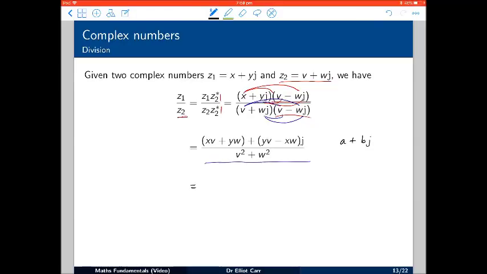And this is in that form because I can write this as xv plus yw over v squared plus w squared, plus yv minus xw over v squared plus w squared, multiplied by j. So this is in the form of a complex number, a plus bj, because this is a real number, and this is a real number.